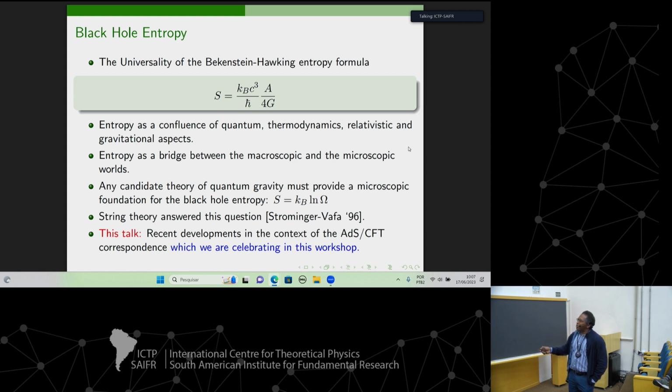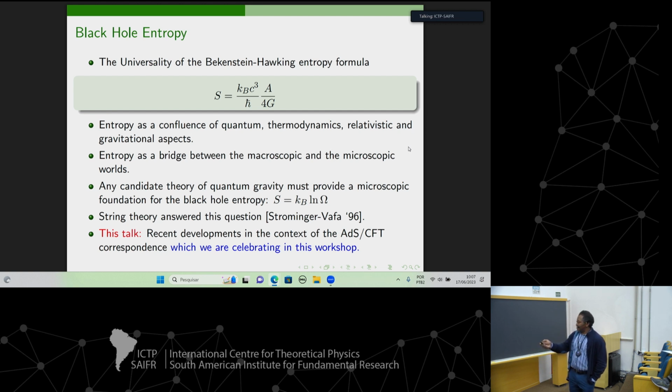This, of course, is one of the biggest achievements of string theory, in the works of Strominger and Vafa and others in '96. So this was understood in that context. But what I want to tell you today is about a similar development, but in the context of AdS/CFT. And this, of course, is what we are celebrating here.